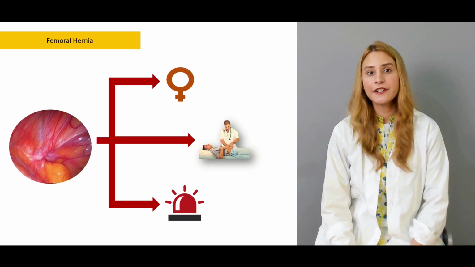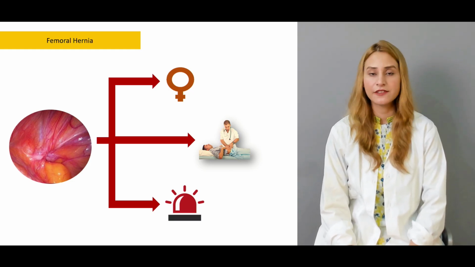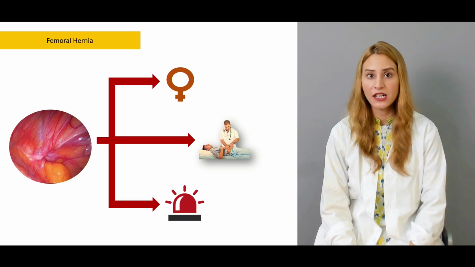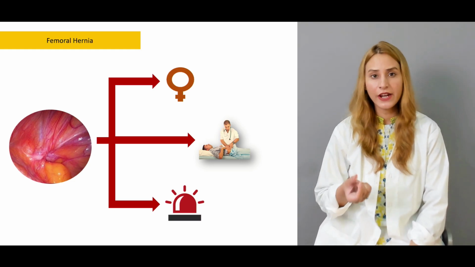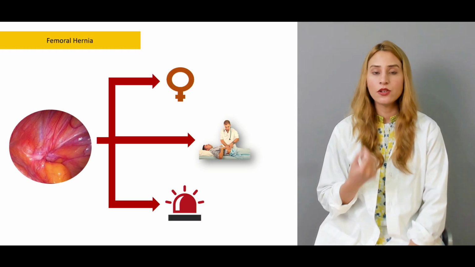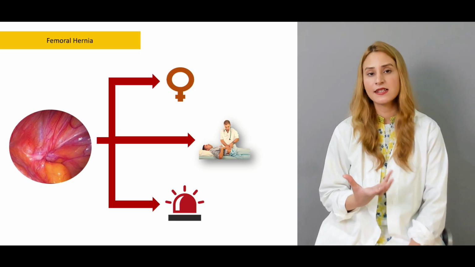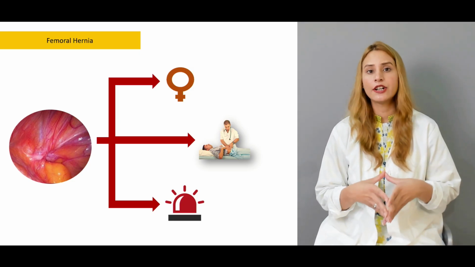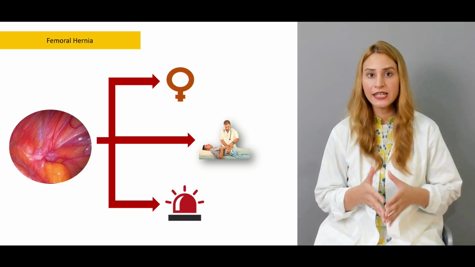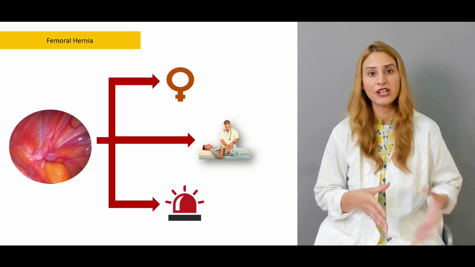Femoral hernias are much more common in females as compared to males, and they have a very narrow neck. I have already discussed in my previous lectures that whenever a hernia has a narrow neck, it has more chances to be strangulated.